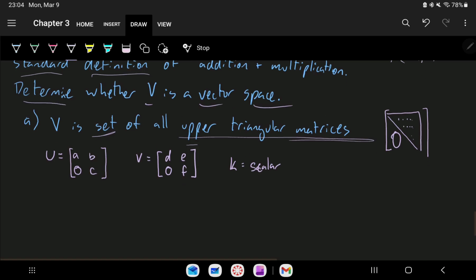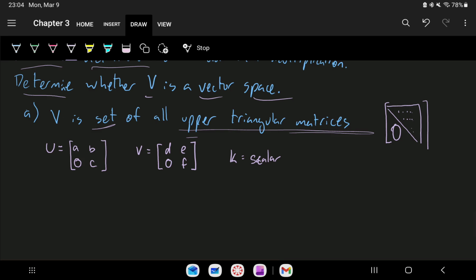So let's start with our big 3. Our big 3 is going to be 1, closedness, closed addition, 2, 0 vector, 3, closed multiplication.